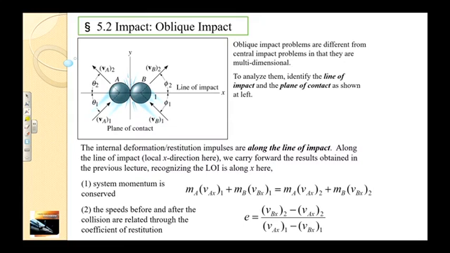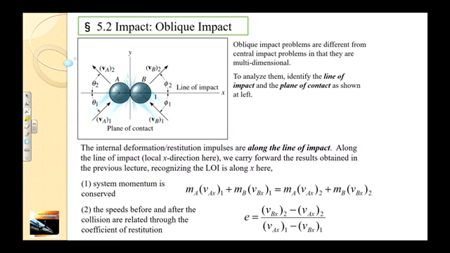When these 2 things collide, the first thing we're going to think about is identifying something called the line of impact and the plane of impact. I've just drawn these 2 things smashing into one another. To find the line of impact, first we identify the point of contact between these 2 guys. Where are they going to touch?